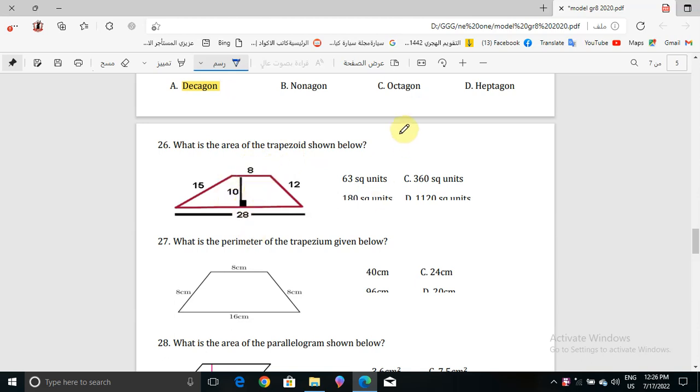So that means we'll make 8 plus 28 divided by 2 times 10. Then the last answer will be 180 units squared. So the correct answer here is choice B, which is 180 square units.